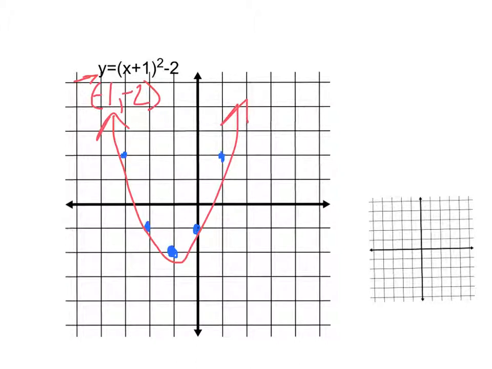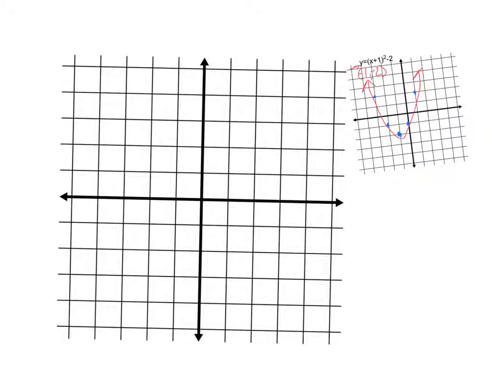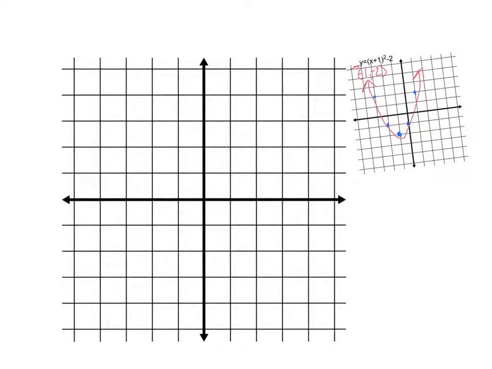Let's do it one more time. This time, let's look at the equation negative x minus 2 squared plus 2. So once again, let's start by finding our vertex. Our h value is -2.